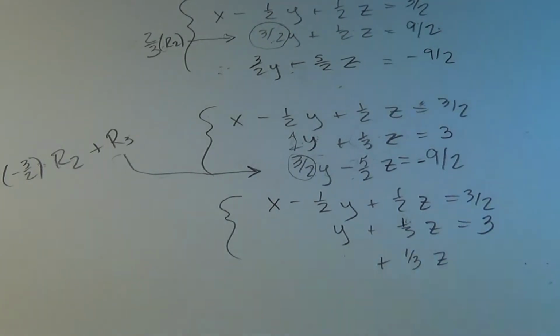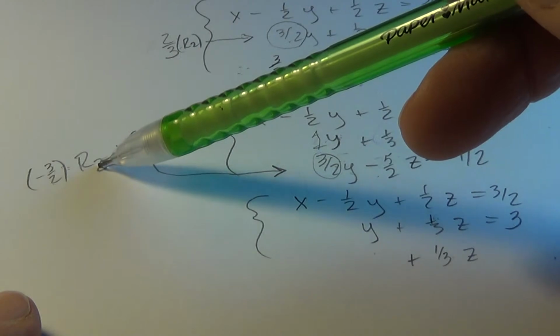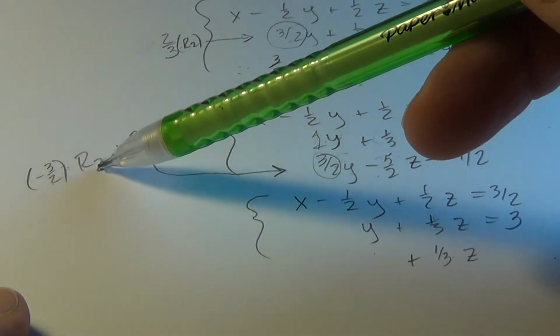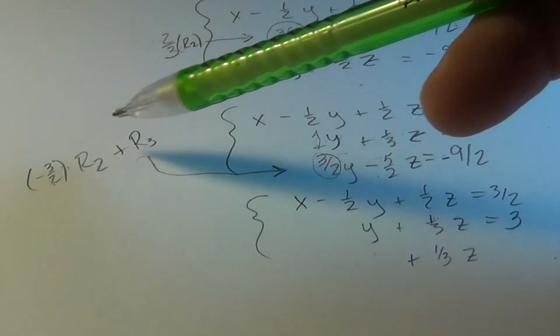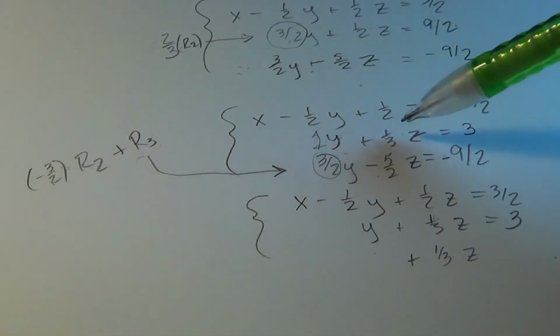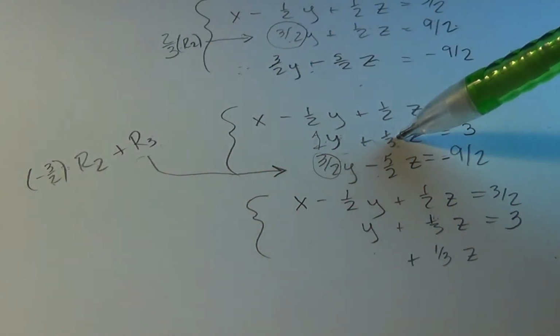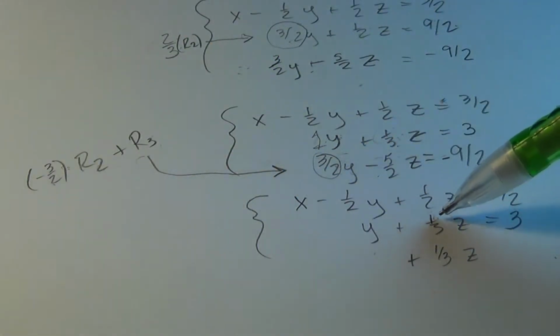Let me tell you where I got that. Remember, my goal is to multiply every term in row 2 by negative 3 halves and add it to row 3. So I multiplied 1/3 by negative 3 halves and added it to 1/3.